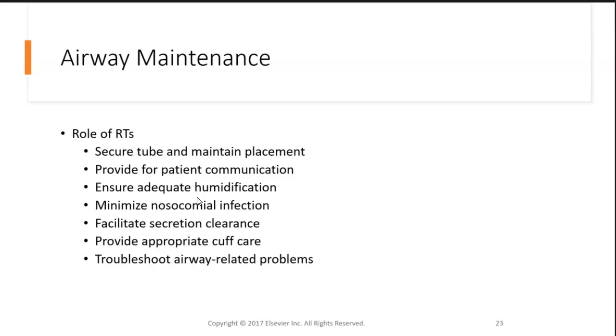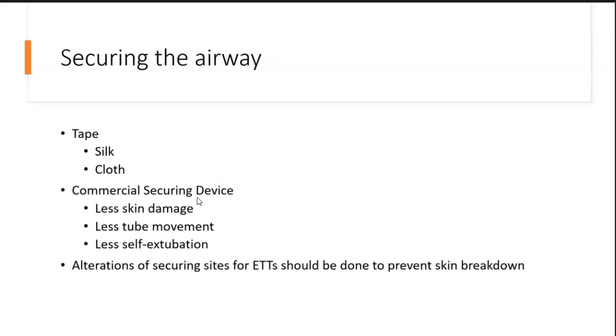There are some critical responsibilities that your book names: securing and maintaining the tube placement, providing a means of patient communication, ensuring adequate humidification, minimizing infection risks, facilitating the secretion clearance that we learned about with suctioning, monitoring and providing appropriate cuff care, and troubleshooting any airway-related problems that come up.